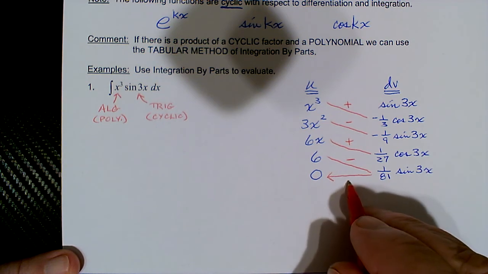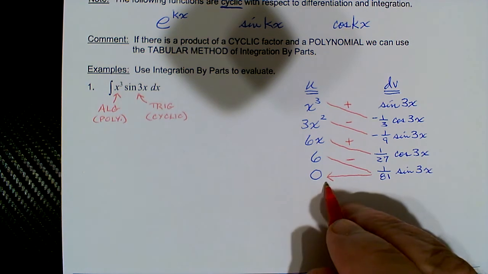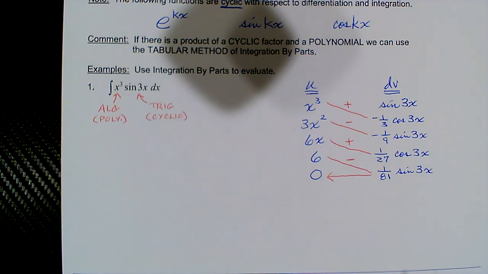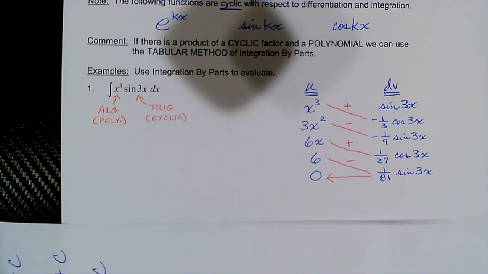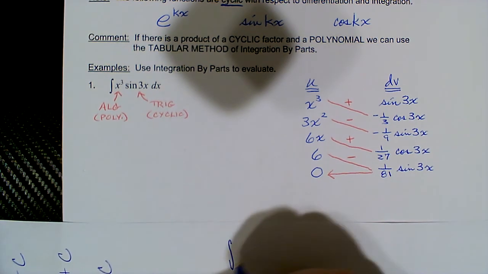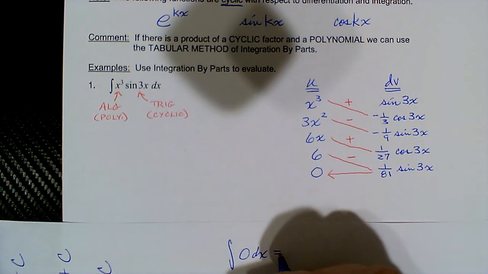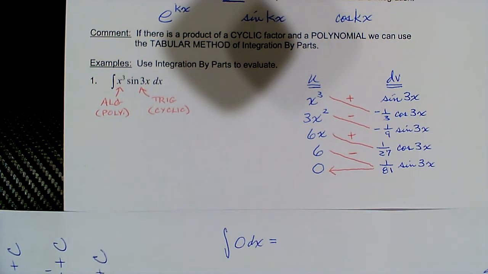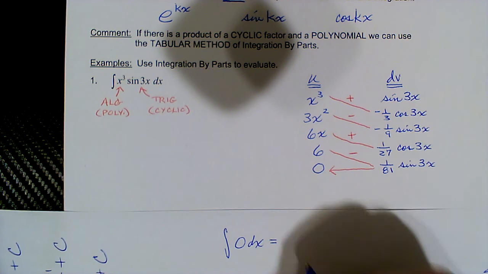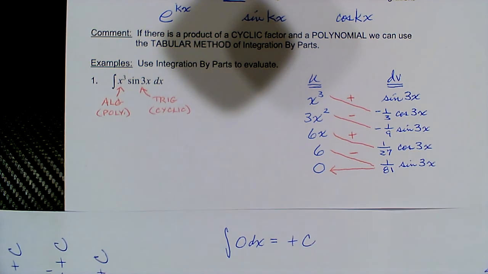the integral of. But because this final entry is a 0, what we do is we think about what does it mean to take the integral of 0 with respect to x. That is, we probably don't think about that very often. And the fact is that if you think about this as anti-differentiation, that is, what is a function whose derivative is always 0, that would just be some constant of integration.